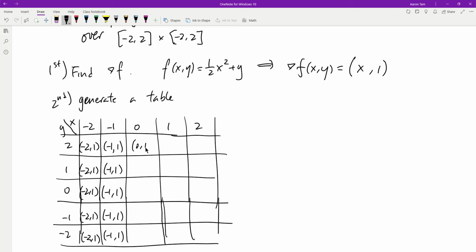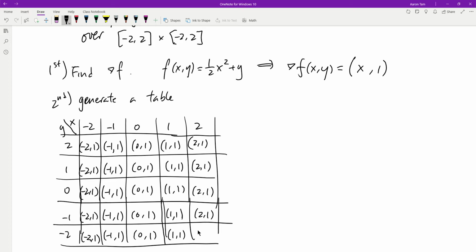And then these are just 0, 1. 1, 1. 2, 1. So now we have a table. Pretty simple. So now we're going to try to generate a graph.